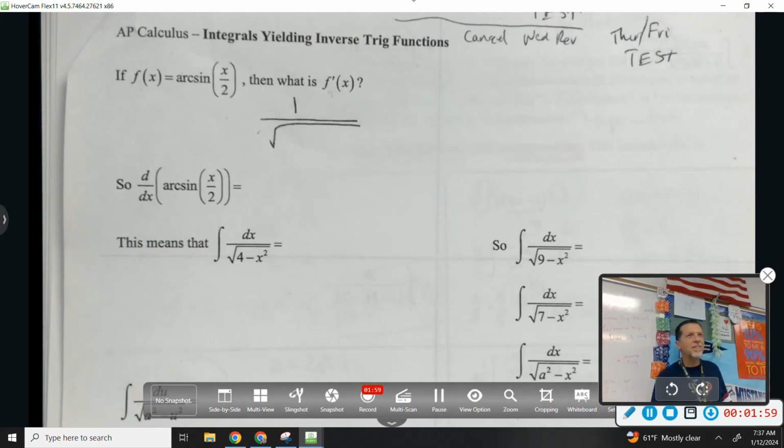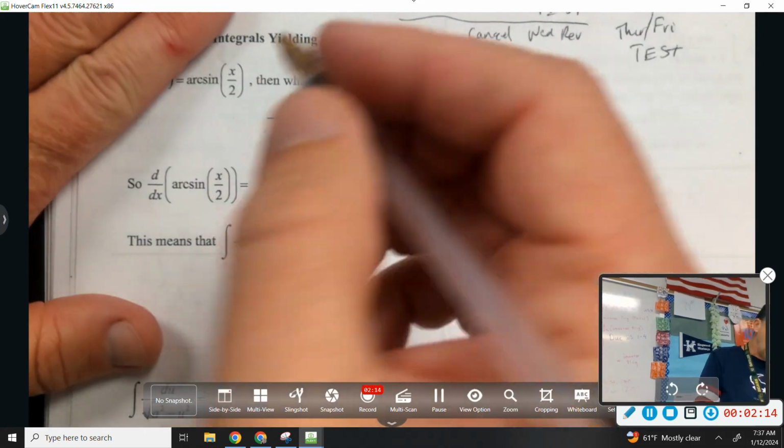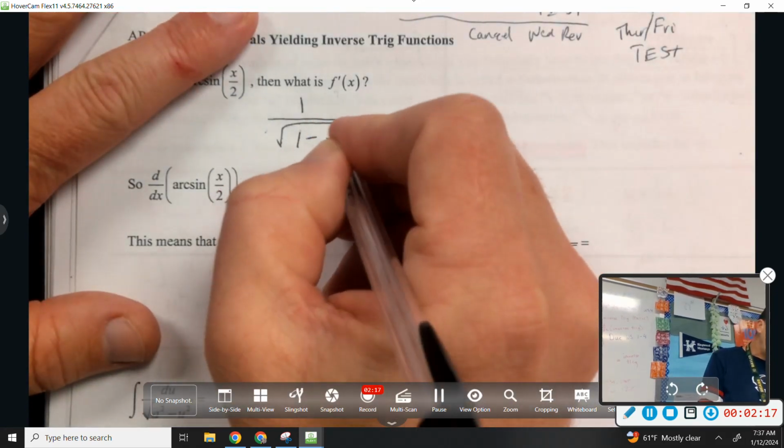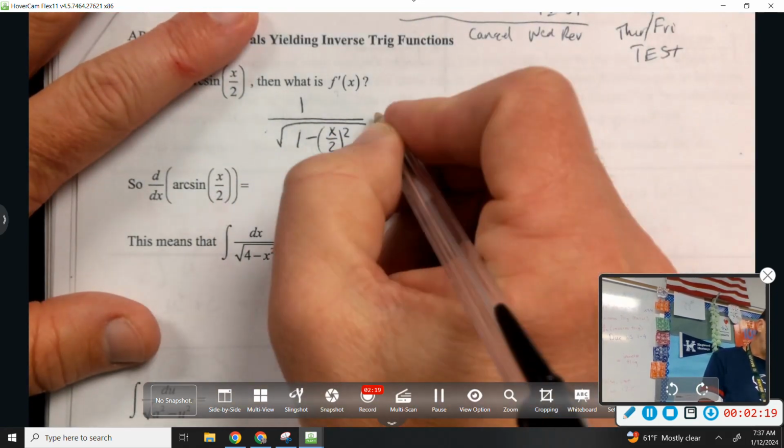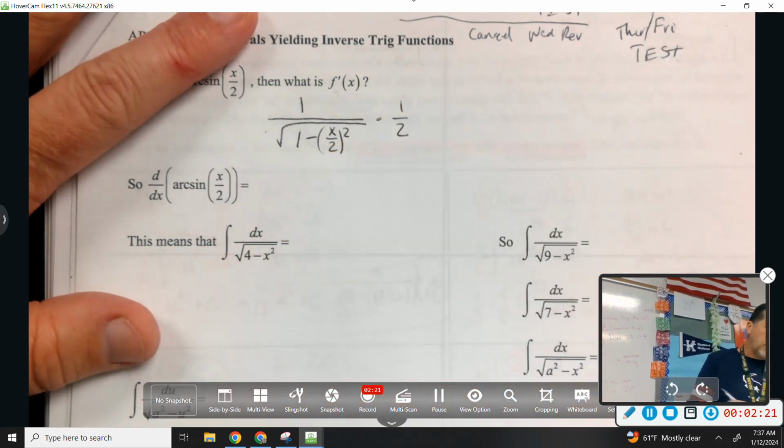Do you remember which one it is? It's 1 minus. Sine gives you small values, so you do 1 minus the small values. Secant gives you big values, so you do argument minus 1. That's how I remember it. So arcsine is 1 minus argument squared, and then don't forget the chain rule, times 1/2.